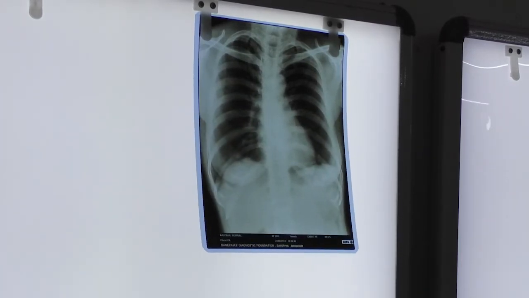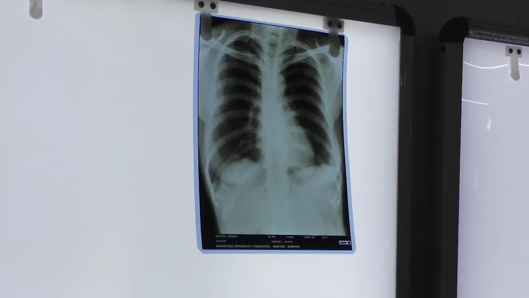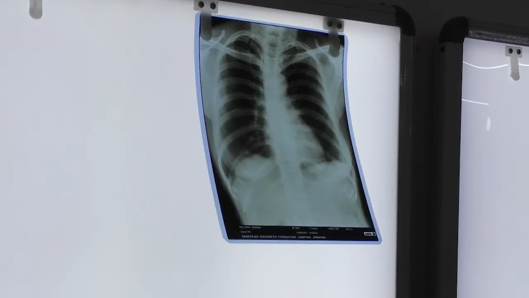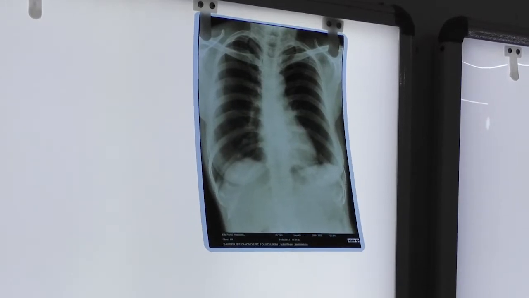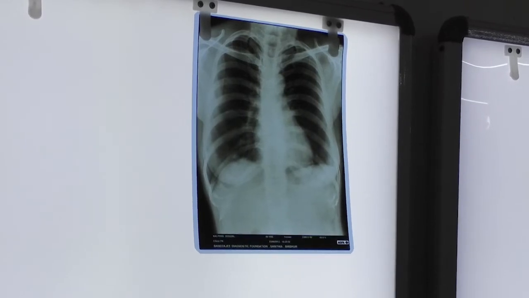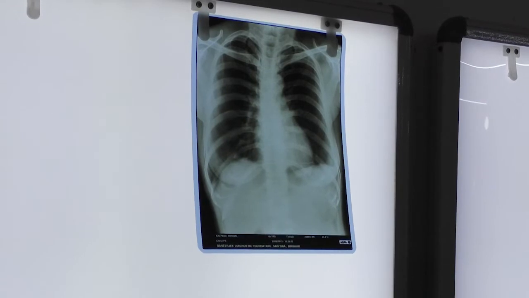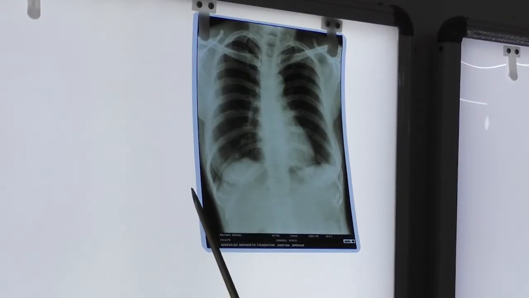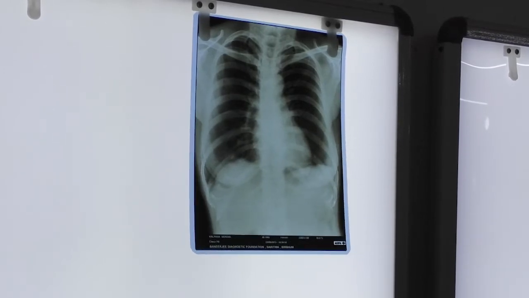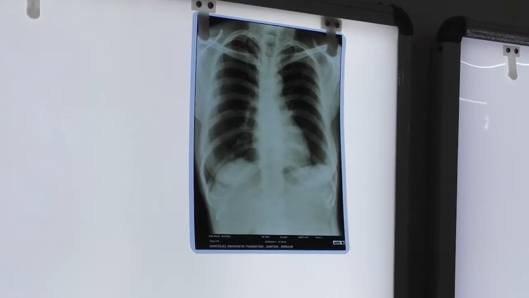But in case of cardiomegaly, it will change definitely. What is cardiomegaly? When the size of the heart increases, gets enlarged. Many of you have a big heart, but having a big heart is bad, not good. So that is cardiomegaly. If there is cardiomegaly, then that ratio will get changed.